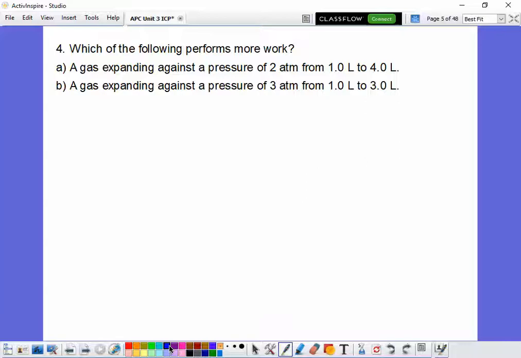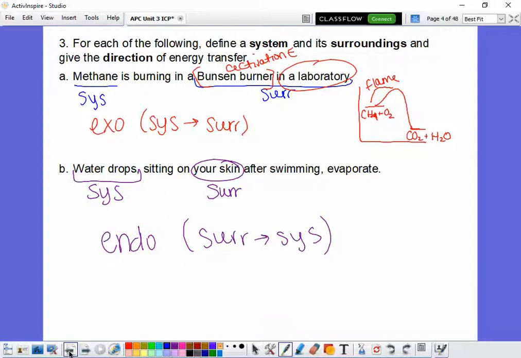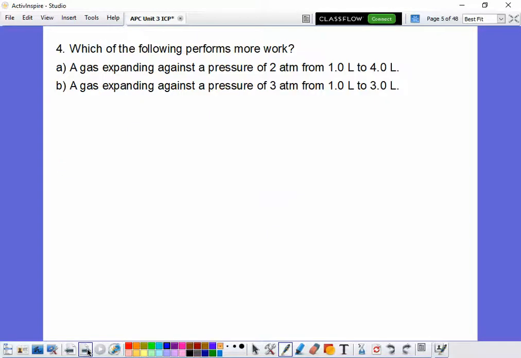The delta E, the internal energy of the system, is the work and the heat combined. Heat is like this stuff that we were talking about. Okay? Work is a little bit more difficult to visualize.